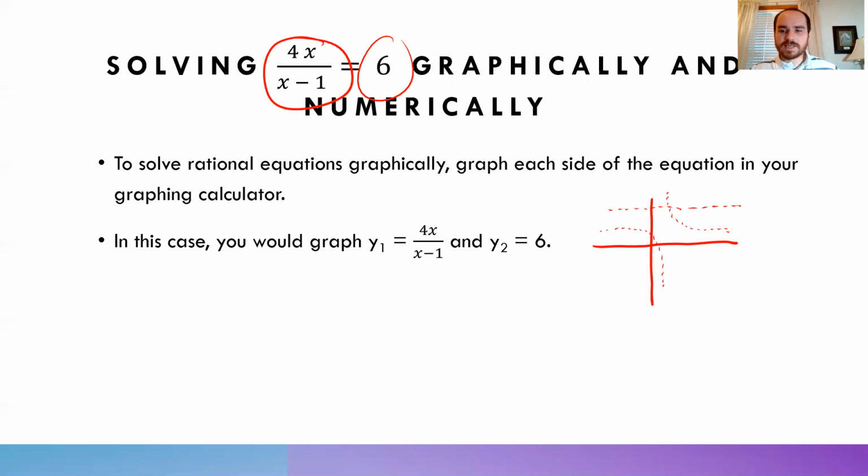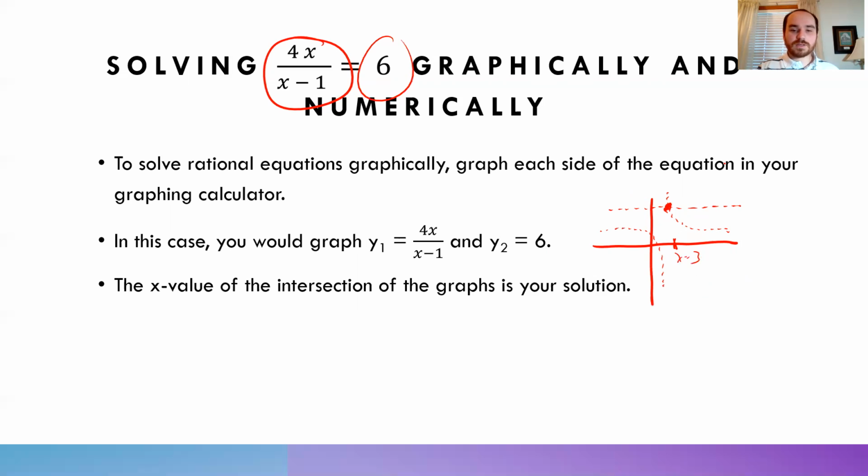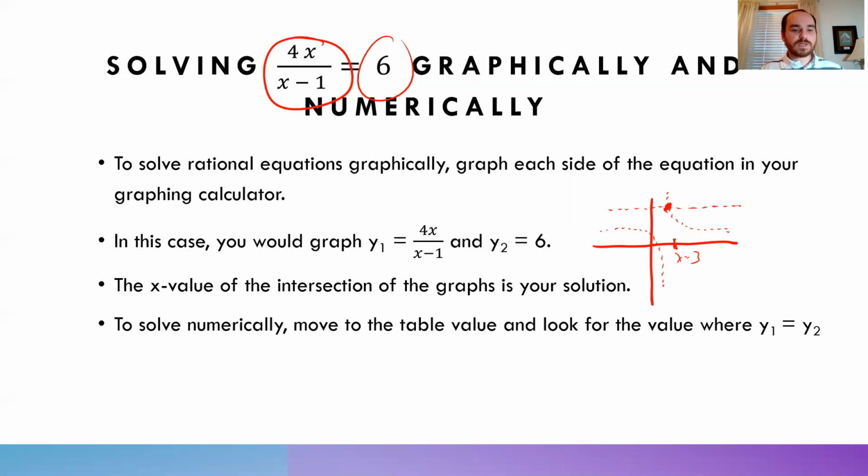I don't know if that's exactly what it's supposed to look like, but it's somewhere close to that. It intersects at the point where x equals 3, so the point is 3 comma 6. This one is super easy to do in a graphing calculator. Some of the other ones won't be quite as simple, but basically you're just looking at any points where they intersect, and the x value is the solution. So x equals 3.